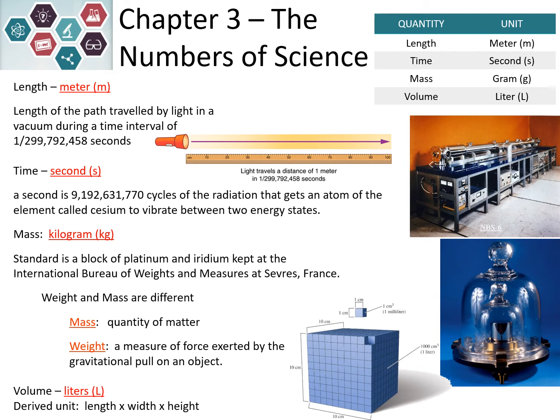And just so you're aware, mass and weight are 2 different things. Mass tells us how much matter there is, where weight tells us how that matter is being pulled based on the gravity that it is in. So weight changes if we're on the Earth or if we're on the moon, but mass stays the same no matter where we're at.